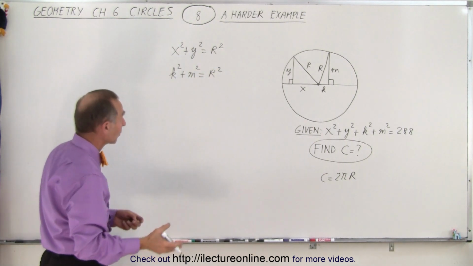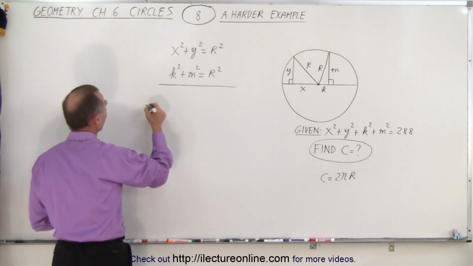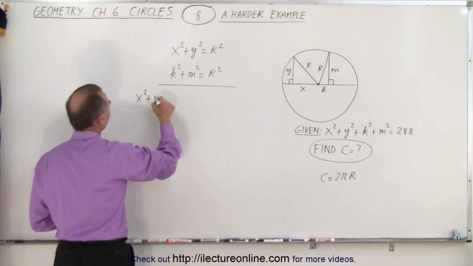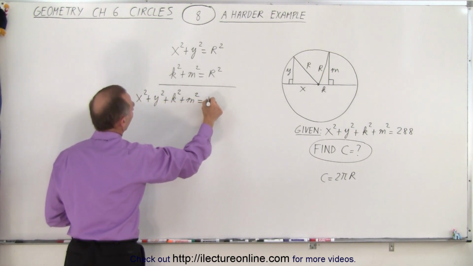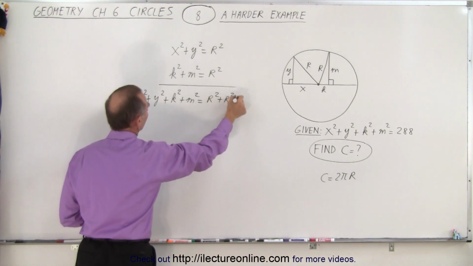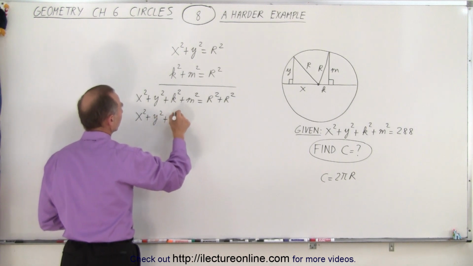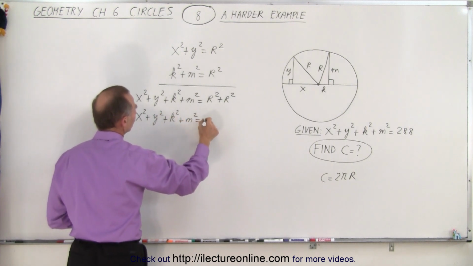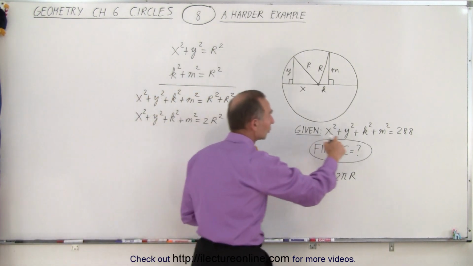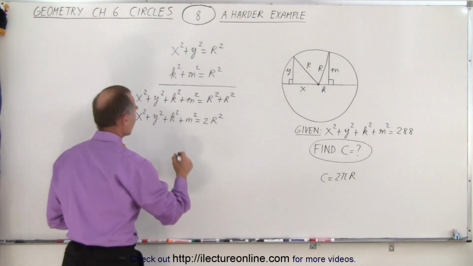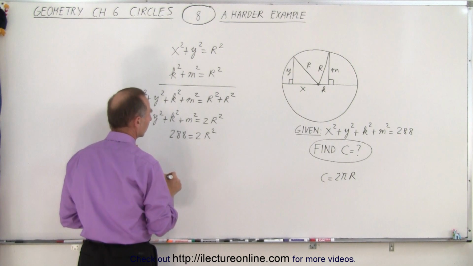So if I sum up the left side of both equations and I sum up the right side of both equations, then I can write that x squared plus y squared plus k squared plus m squared equals r squared plus r squared, which essentially says that it is equal to 2r squared. And of course, then they tell us that the sum of all those equals 288, which means that 288 equals 2r squared.